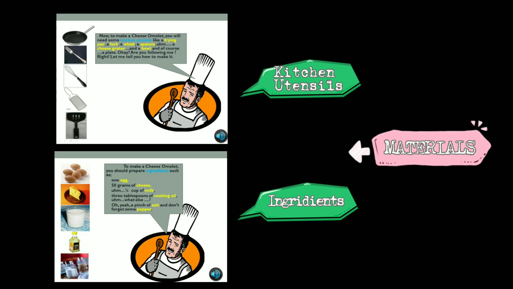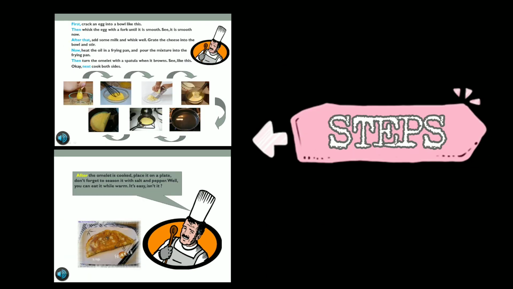Dan kedua bagian ini yang perlu kamu tulis pada bagian materials. This is the last. You should write down the steps as you heard on the previous monologue. Tulislah langkah-langkah pembuatan cheese omelette seperti yang telah kamu dengar.